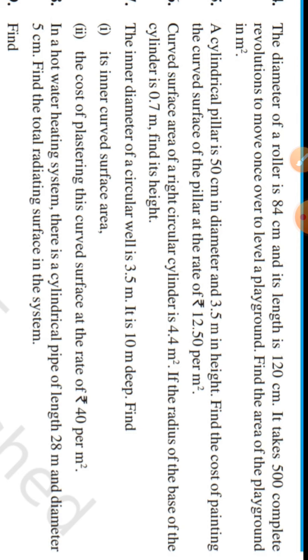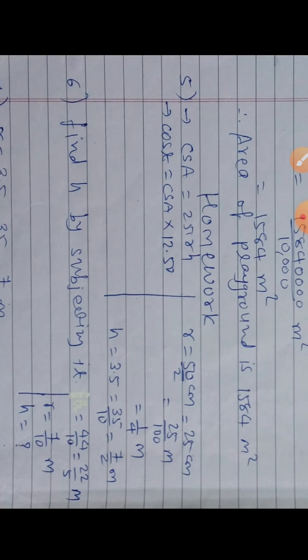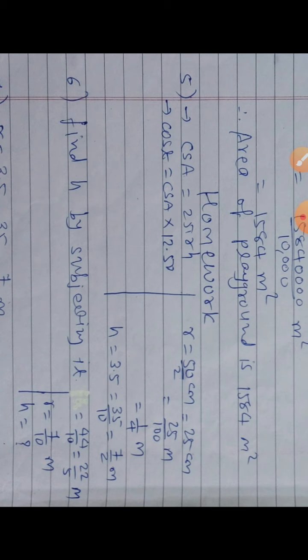So in the hint I have given you these things. First of all I have divided by 2, so R becomes 50 by 2, 25 centimeter, which is equal to 25 by 100 meter. Why? Because rate is given in meter and height also given in meter, so it is equal to 1 by 4. So radius is converted into simplest fraction.